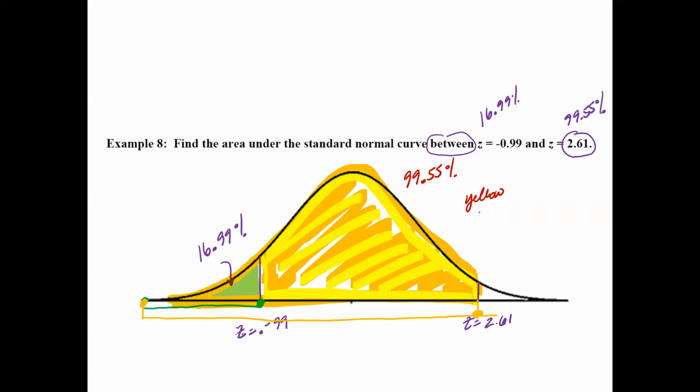So this yellow area is going to be 99.55 minus 16.99, which is going to give you 83.44%. And that is your answer.